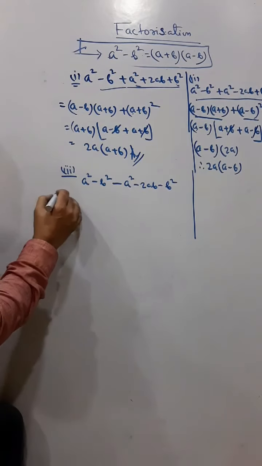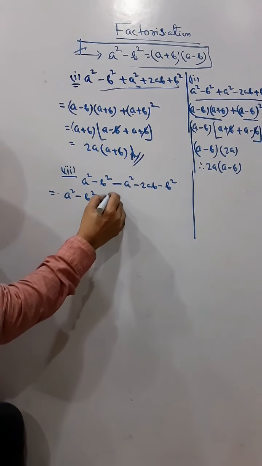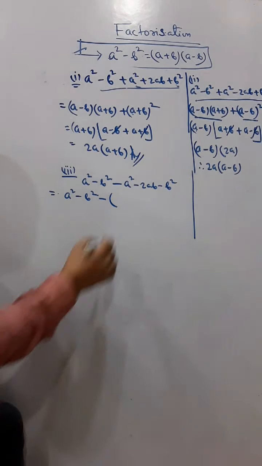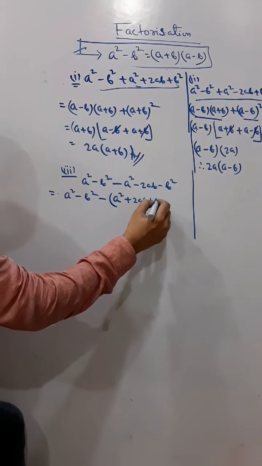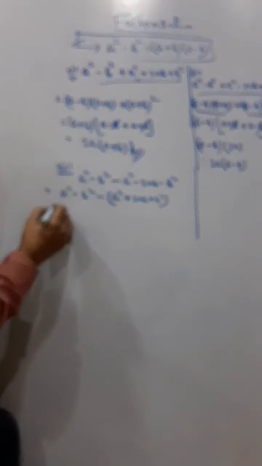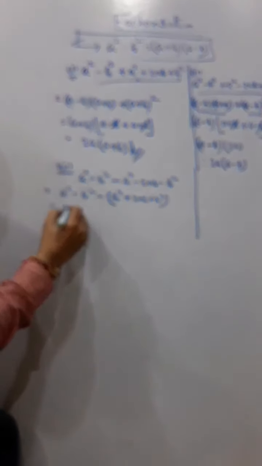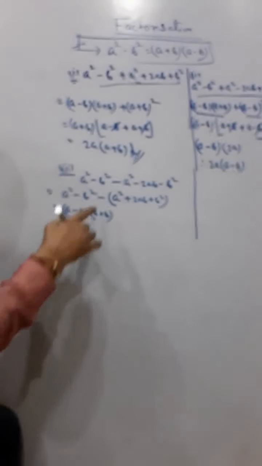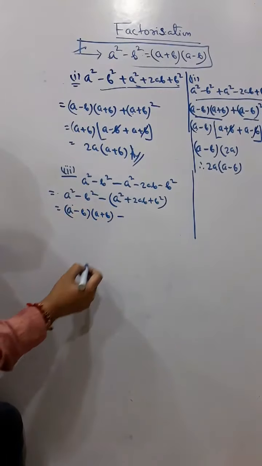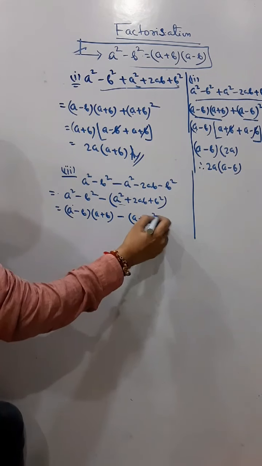So in this sum what I can do, you just think in this way, if you take minus common, then this becomes a square plus 2ab plus b square, and now you see you are getting similar type sums. Now again you can write it as a minus b and a plus b, and it is minus here, but this is a plus b whole square.